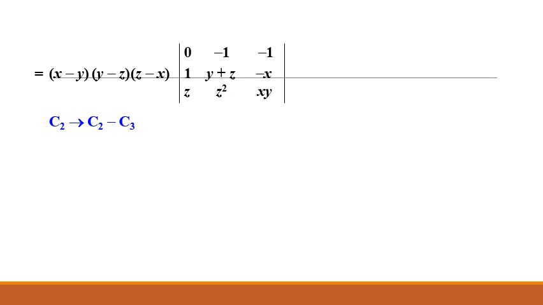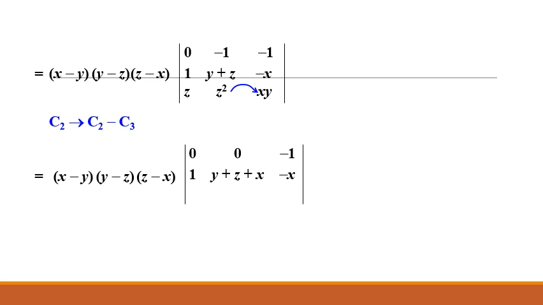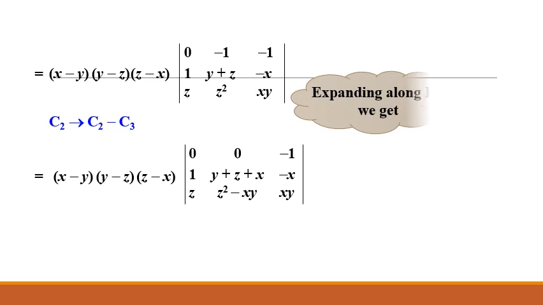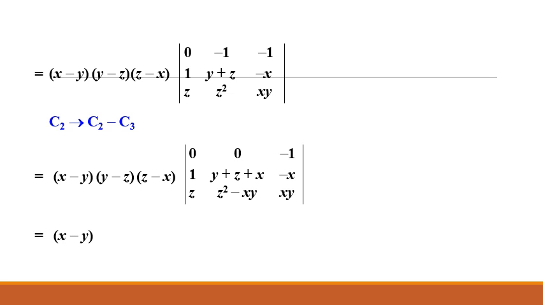Next, apply the property C2 implies C2 minus C3. So the elements of C2 will change to 0, y plus z plus x, and z square minus xy. We can see R1 consists of the maximum number of zeros, so we will expand it using R1.